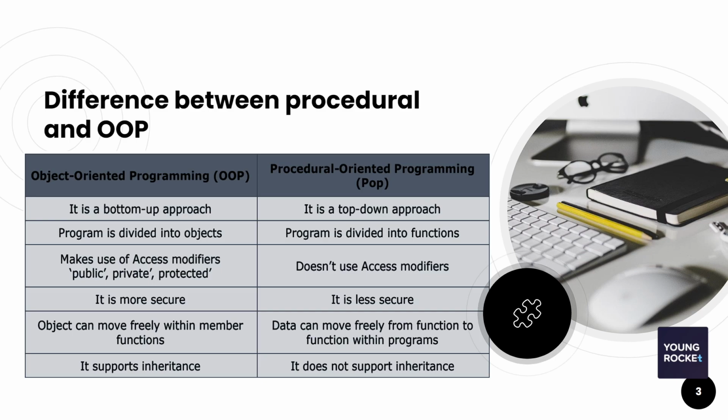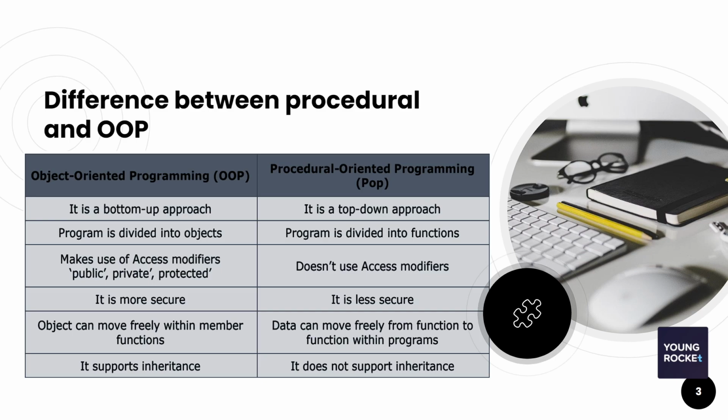But in procedural-oriented programming, data movement between functions is highly restricted and contained within the function because of something called scope. We have already seen what the scope of a variable is in the previous videos.